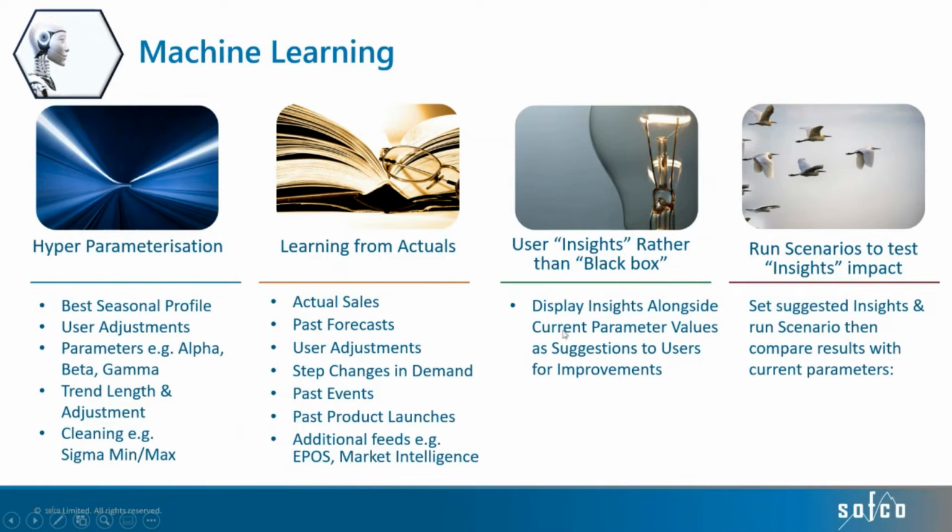They display alongside current parameter values so that suggestions can be made to the users for improvements in parameter settings. They can then run scenarios on those insights in terms of settings and compare the results with the current plan and decide, do they want to update those parameters or not? So it is still under the control of the users.